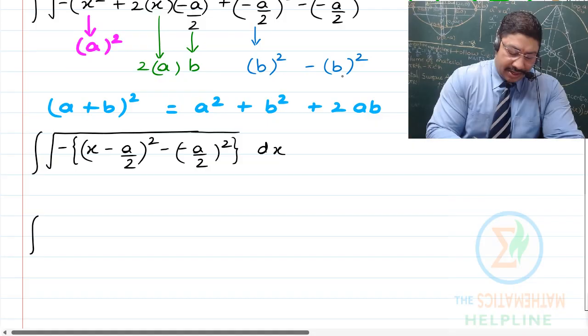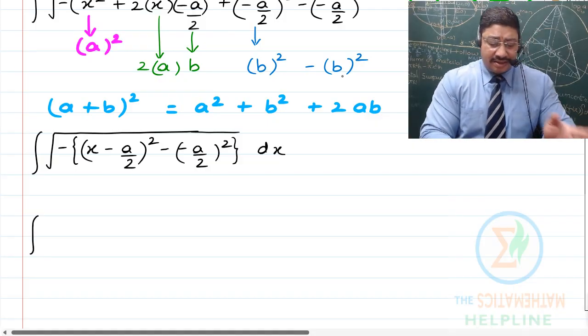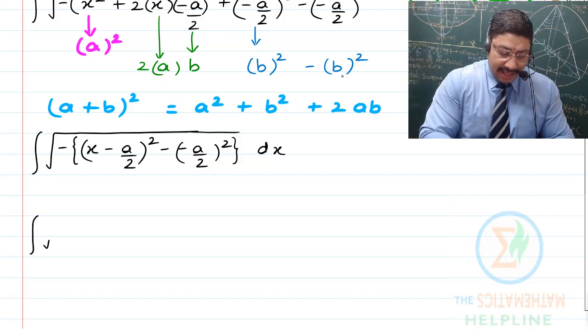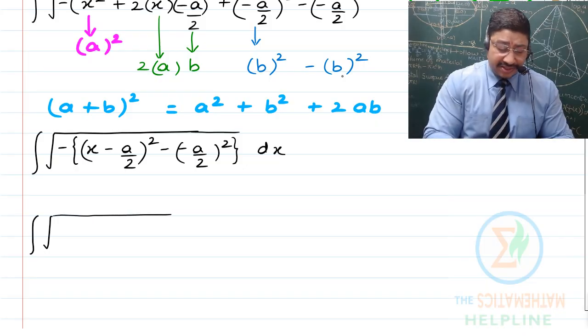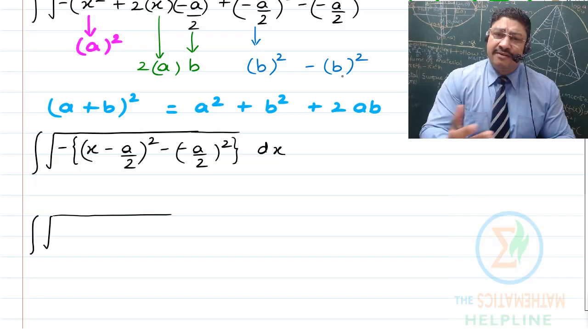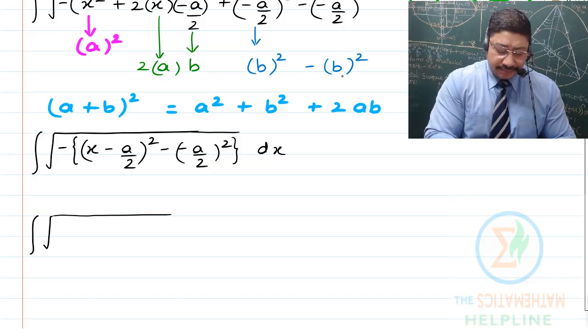Okay children, now next we can take this minus sign inside, and when you take this minus sign inside, it's going to become something like what we discussed yesterday, that is something like a function a square minus x square.